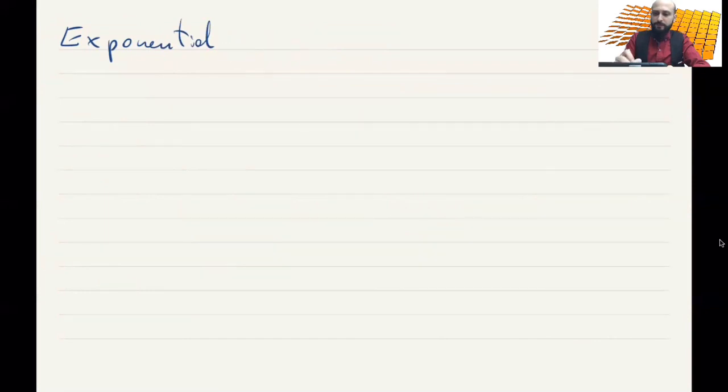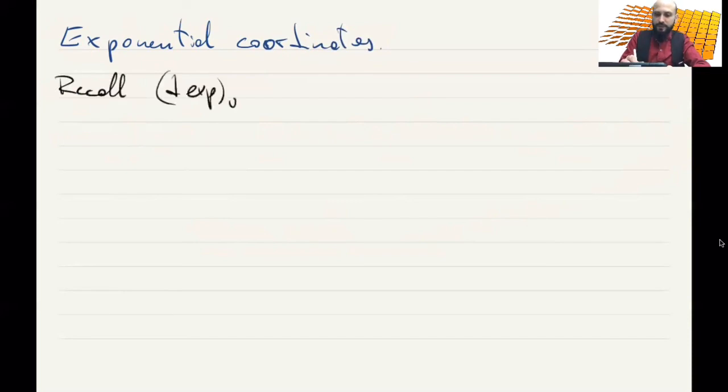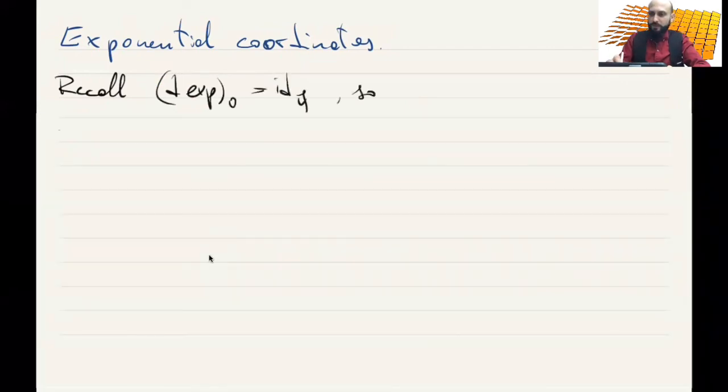The exponential map gives coordinates. Remember that this is an obvious fact from the fact that the differential of the exponential at the origin is the identity map. So it's an isomorphism.